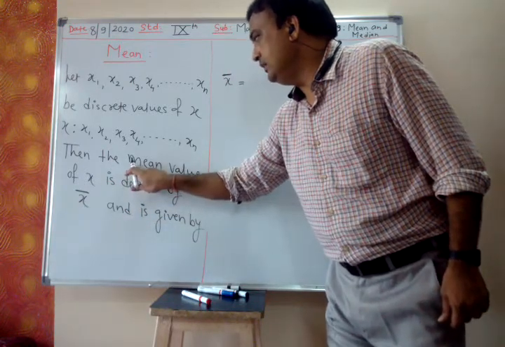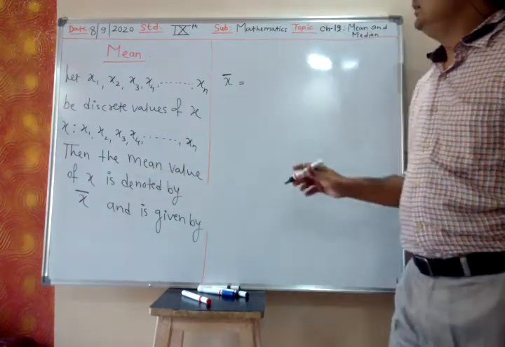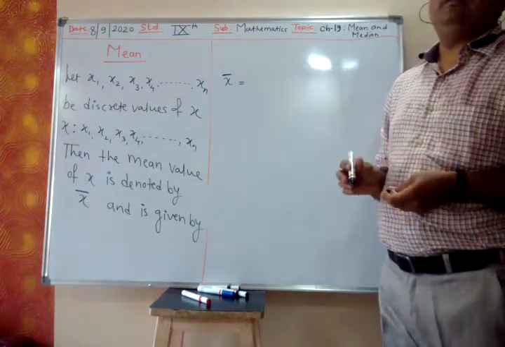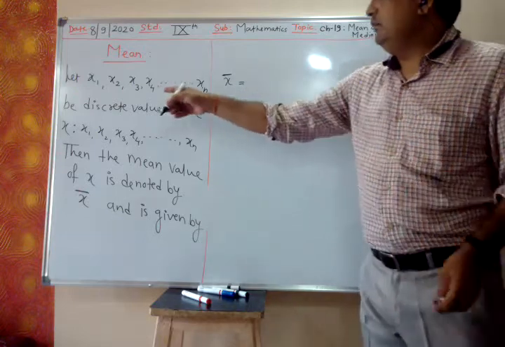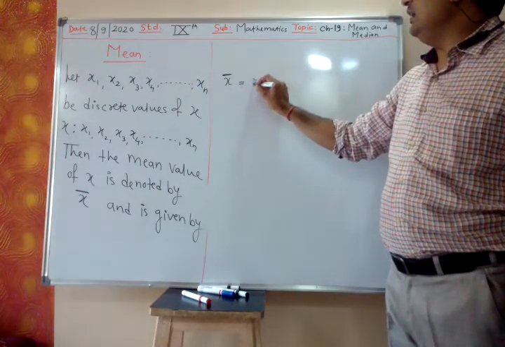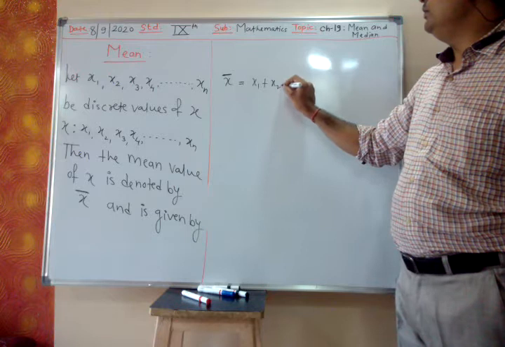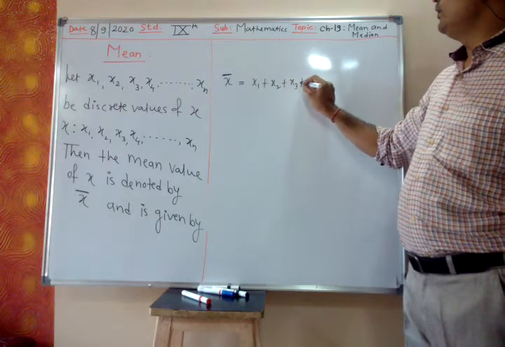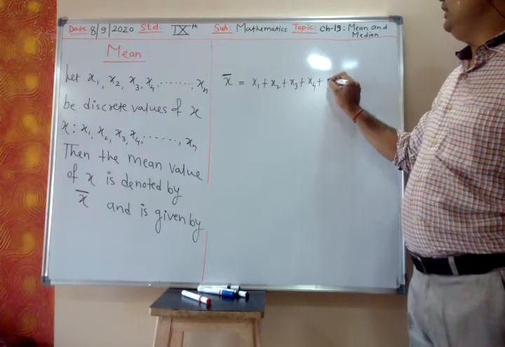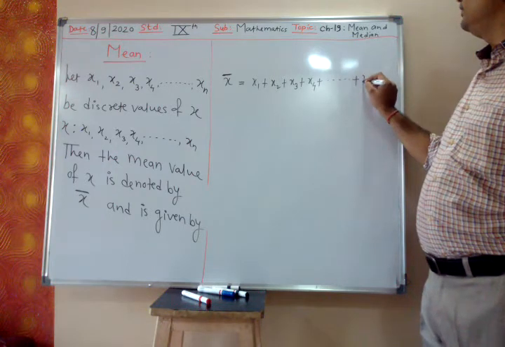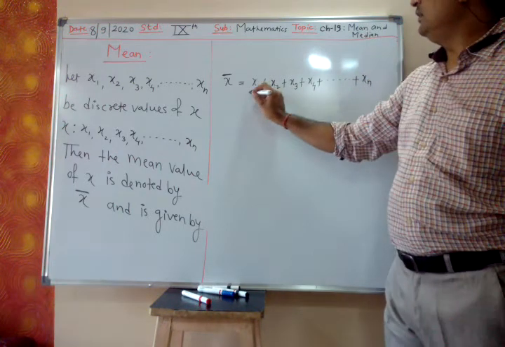It is not x, it is the mean value of x. So to find x bar, we add x1 plus x2 plus x3 plus x4 up to xn.